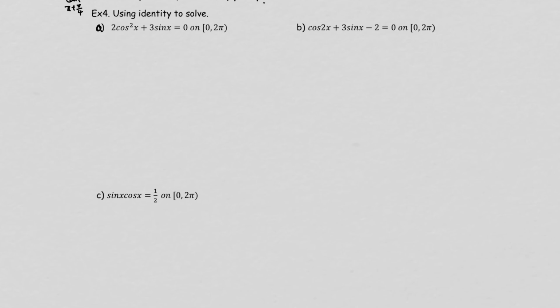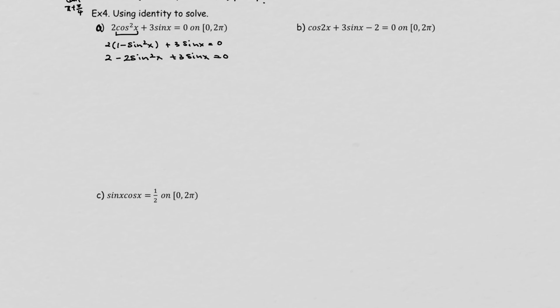So this cosine square x can be rewritten as 1 minus sine square x, and then we have 3 sine x. You open the parentheses by distributing, and you end up getting 2 minus 2 sine square x plus 3 sine x.